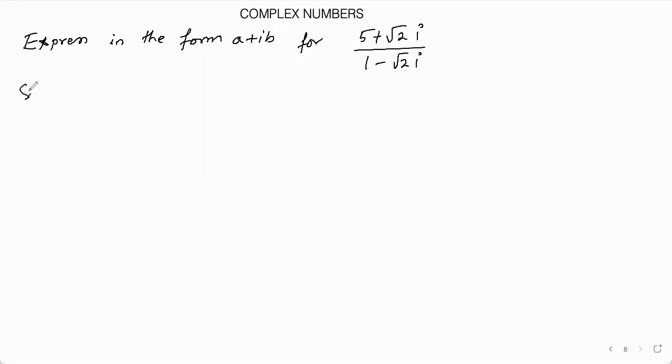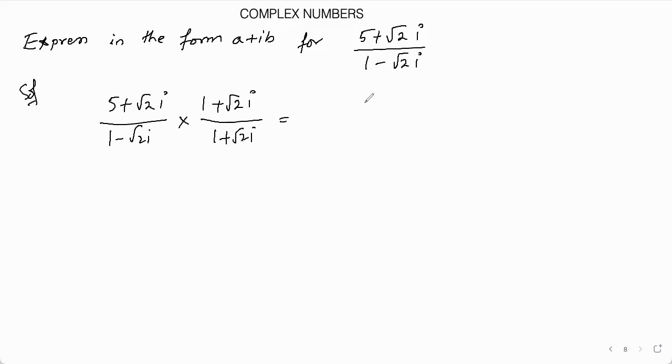So taking this as the given one, now for the denominator, the conjugate, multiply and divide by 1 plus root 2i, 1 plus root 2i.